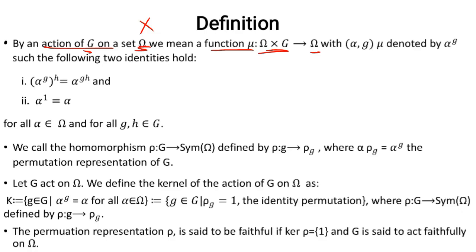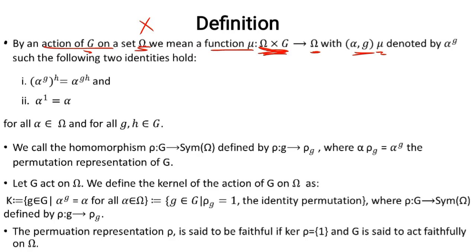Now this map is called an action if the map mu maps from the direct product of Omega cross G and brings it back to the set Omega. Remember, in a direct product there will be two elements, a two-tuple, and the map is mu.